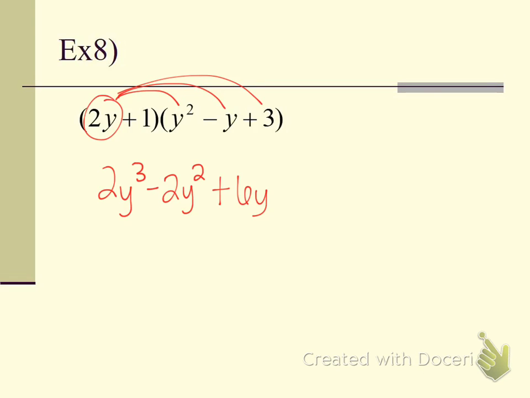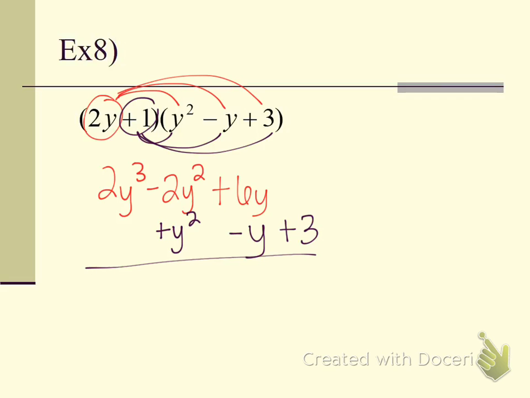What else needs to be distributed? A positive 1. Of course, multiplying things by positive 1 is going to make them stay the same. So plus 1y squared minus y plus 3.